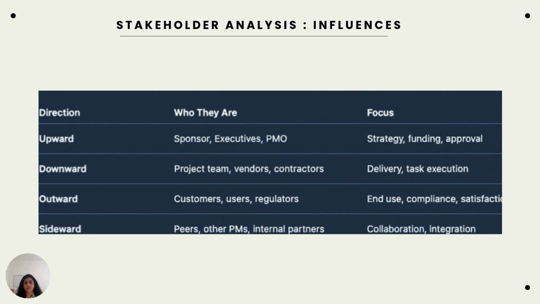Outward influence. It is nothing but anyone outside of your project team, your suppliers, your vendors, and government agencies or regulations for that matter. And finally, the sideward influence. These are peers at the same level, most often other project managers who may compete for resources.